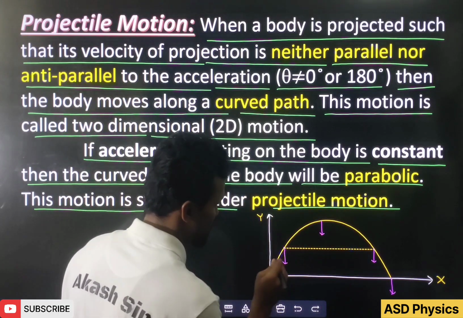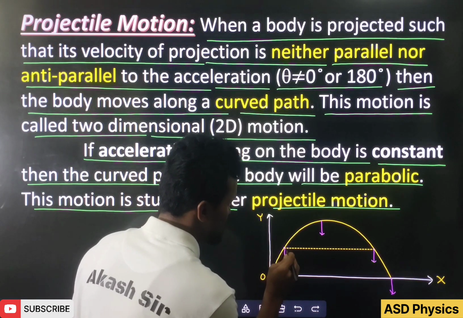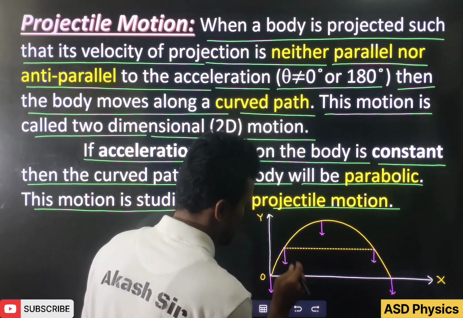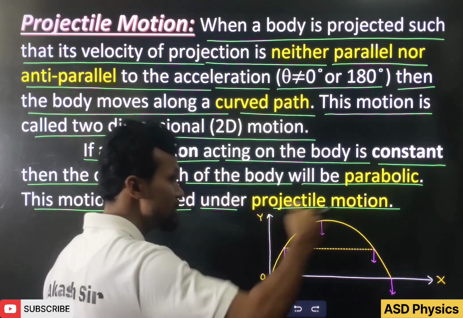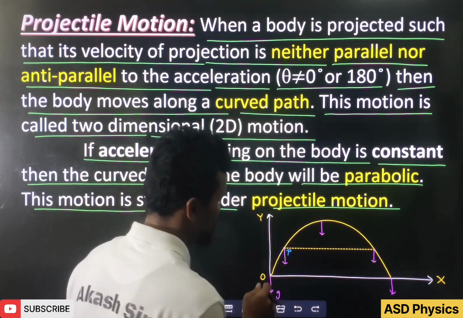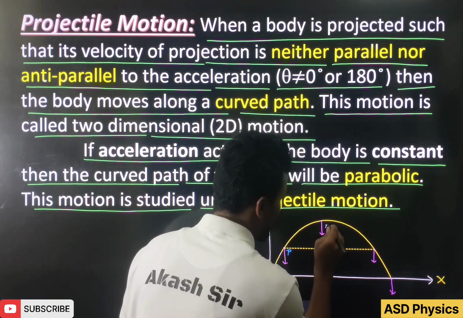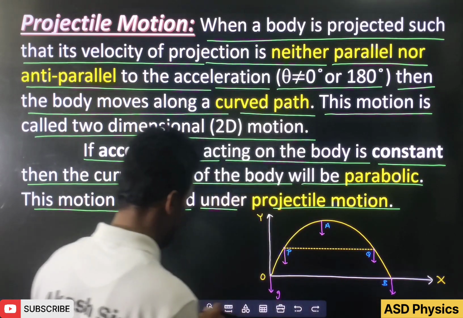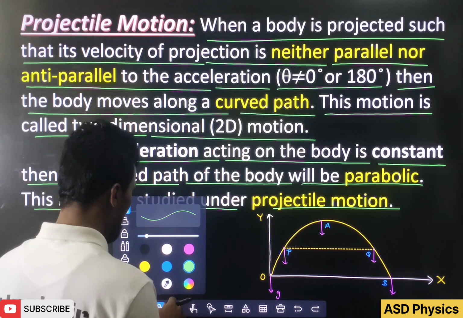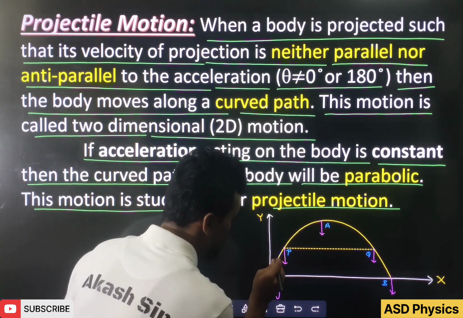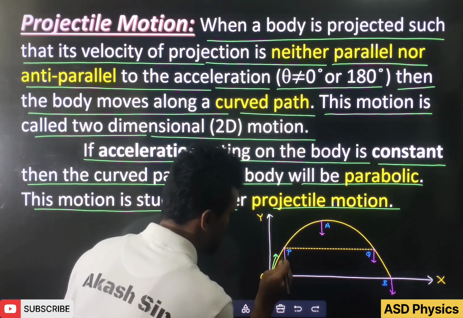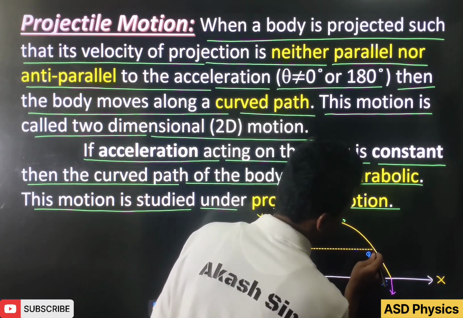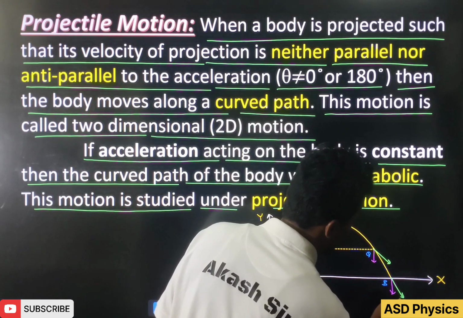Let's take this as point O, this is P, this is A, this is Q, and this is B. I will always use these points whenever I draw the graph. Now if I draw the velocity at different points, the velocity will be along the tangent at each point, like this.